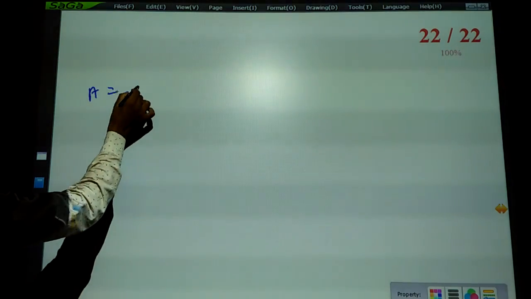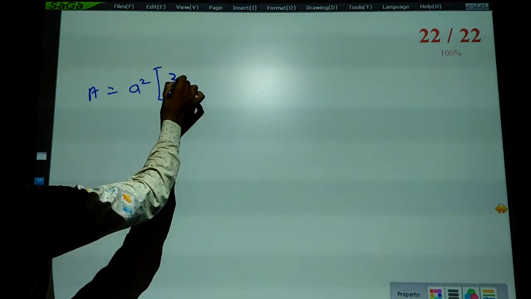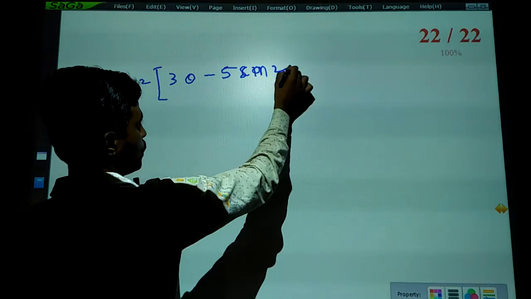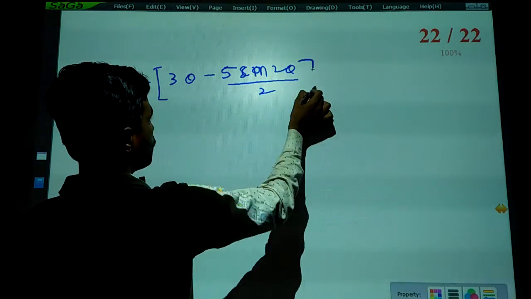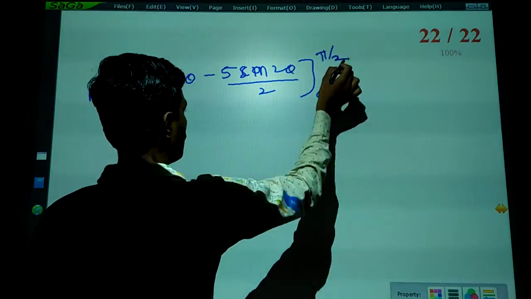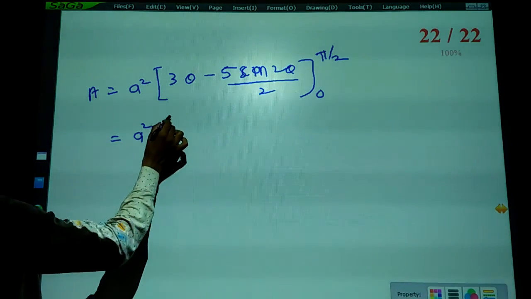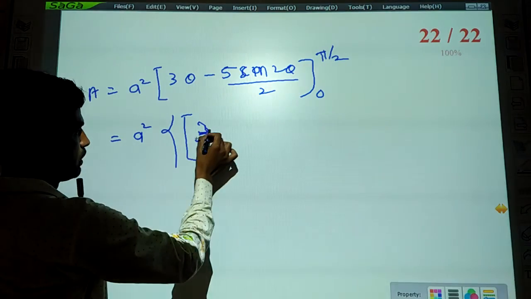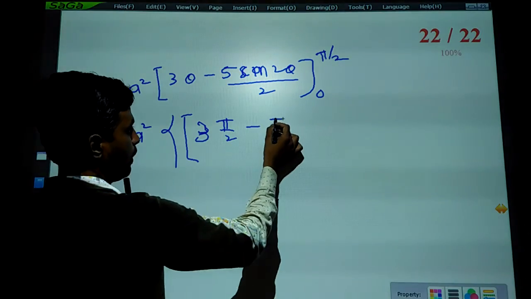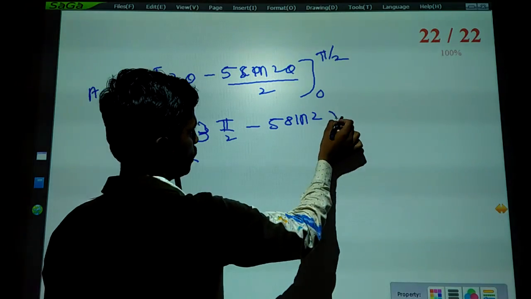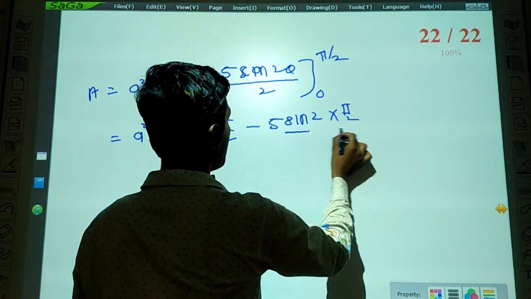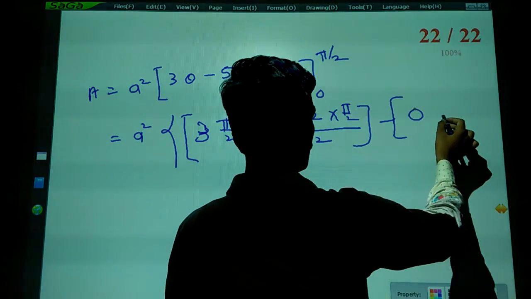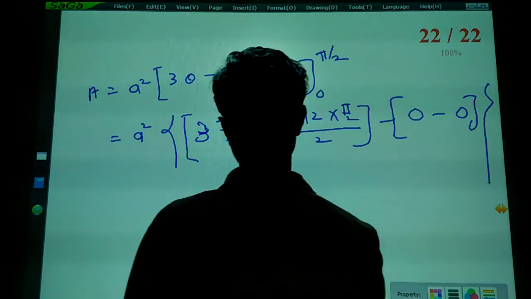So A is equal to a square, 3 theta plus 5 sin 2 theta by 2, 0 to pi by 2. For the upper limit, 3 pi by 2, plus 5 sin 2 into pi by 2 by 2, and for the lower limit 0, 3 into 0 is 0, sin 0 is also 0.